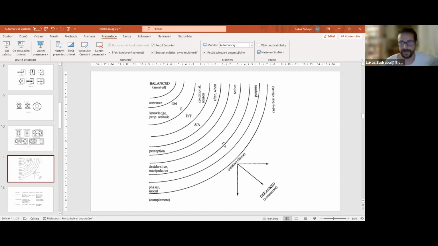I cannot say whether this is really valid typologically, but I tried to work with this idea that we have many degrees of deranking, in fact. So this is not only a balanced sentence and a deranked sentence, or only balanced verb and noun, but we have various degrees of deranking, and that means also nominalization.